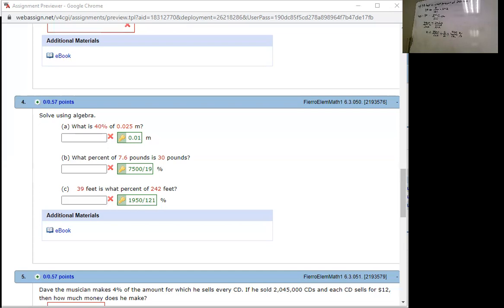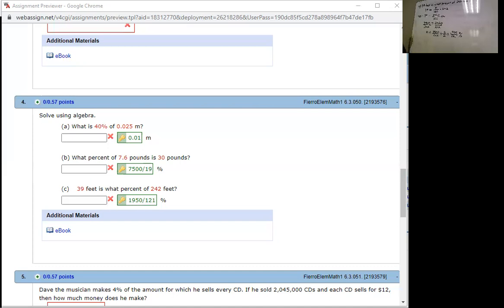On the other one, I forgot to put this percent on, but in that problem, they do have the percent sign. You just have to type in the fraction. So it'd be 1950 over 121%. Okay. So I guess that's how they want that answer in simplest form.